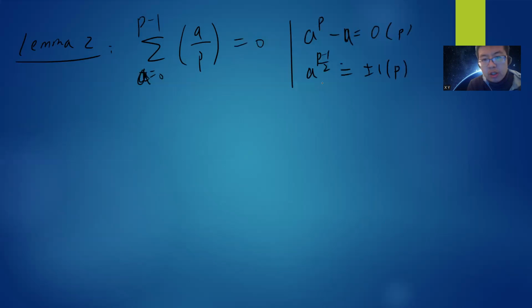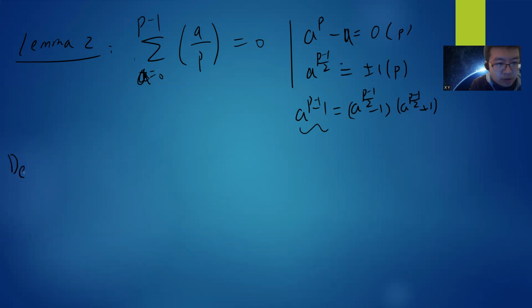This equation can be factorized in this way, and in total we have p-1 terms, half of them are plus 1 and half of them are minus 1. So it's 0.